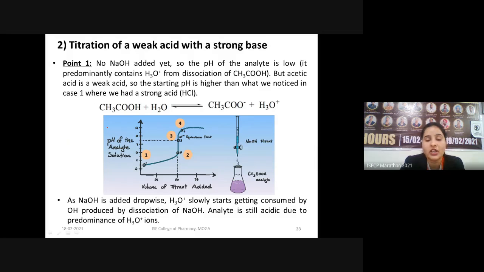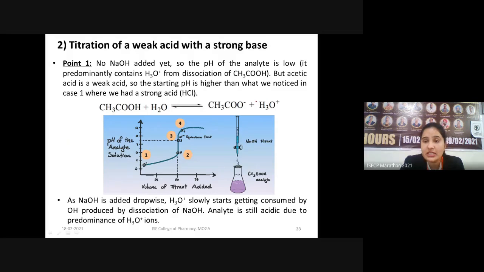So since acetic acid has not completely dissociated itself into H positive ions, we can observe that there will be a lesser number of H positive ions, and because of that you will have a lesser number of hydronium ions.